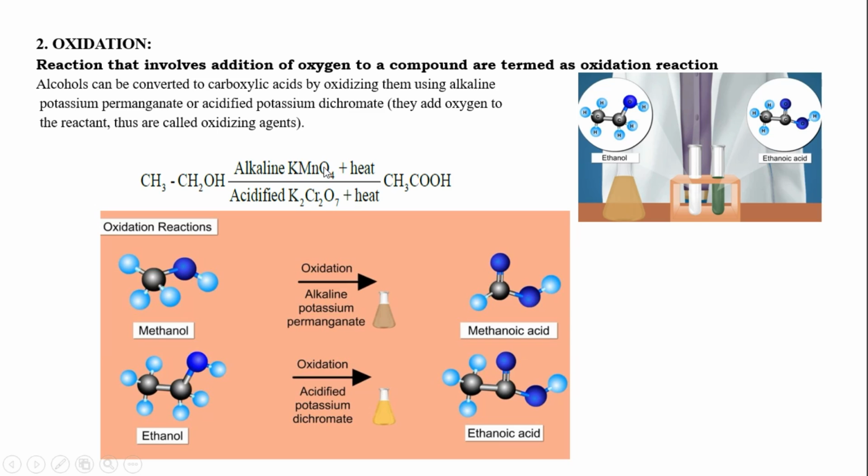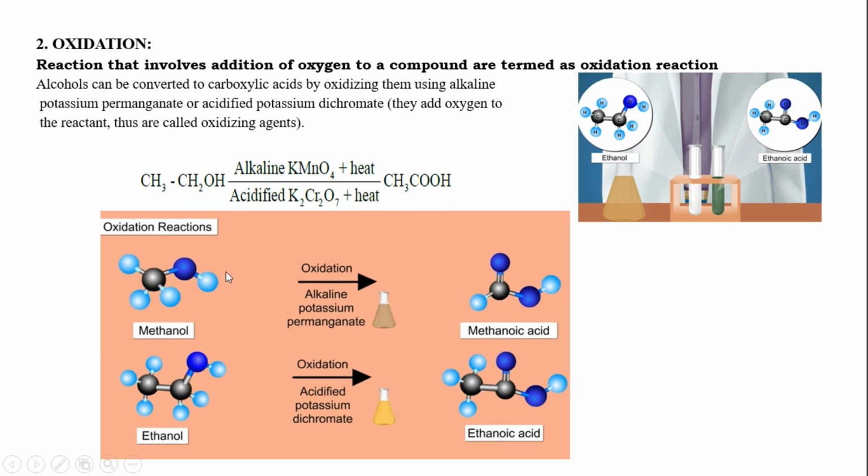So these two are oxidizing agents that are taking part in this particular reaction. What happens is oxygen is getting added over here. Here some bonds are broken. Here this bond will be broken and oxygen will be added to form this compound. So the two-carbon compound, ethanol, is getting converted to ethanoic acid.